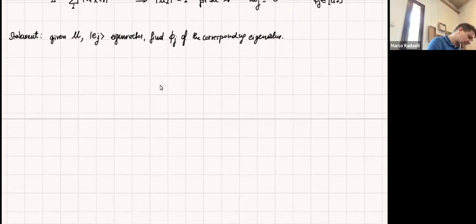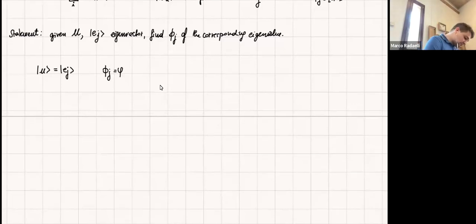Let's first improve the notation a bit. I will define u, which is just an e_j, the eigenvector. And I will also call phi, the small phi, the corresponding phase of the corresponding eigenvalue. Now, we can always represent a decimal number, which phi at this point will be, since it's between 0 and 1, in a binary representation.